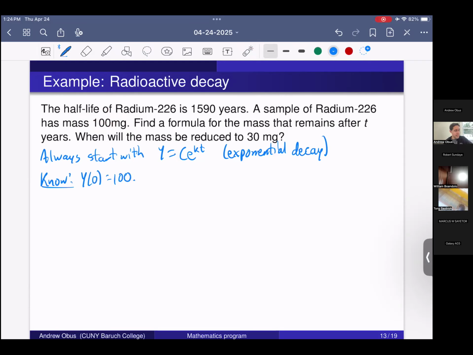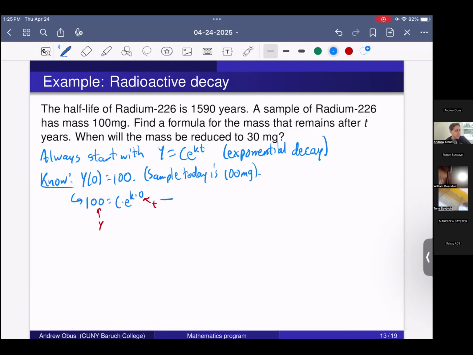This is saying that the sample today is 100 milligrams. Punching that into this formula, that tells us that 100 is equal to c times e to the k times 0. This is what we plug in: 0 is t and 100 is y.